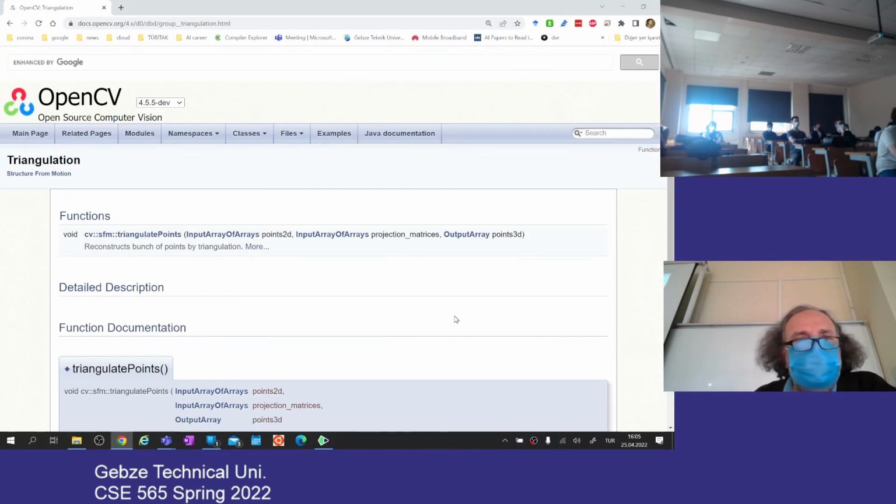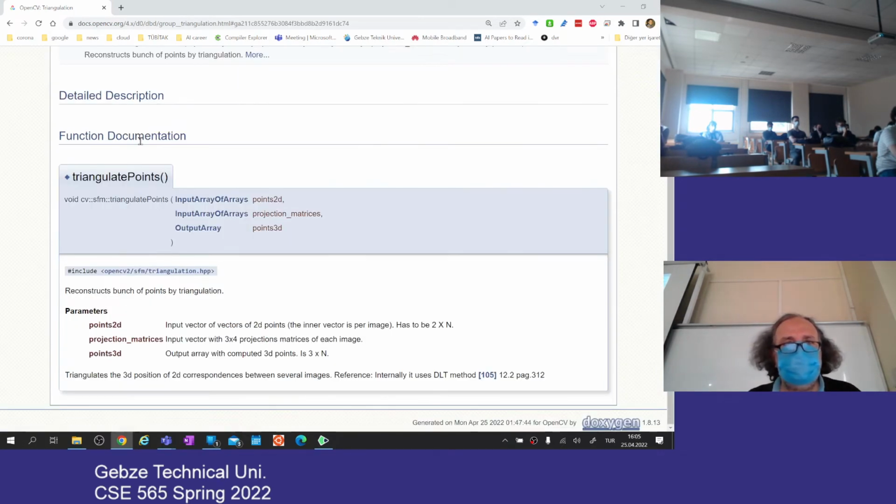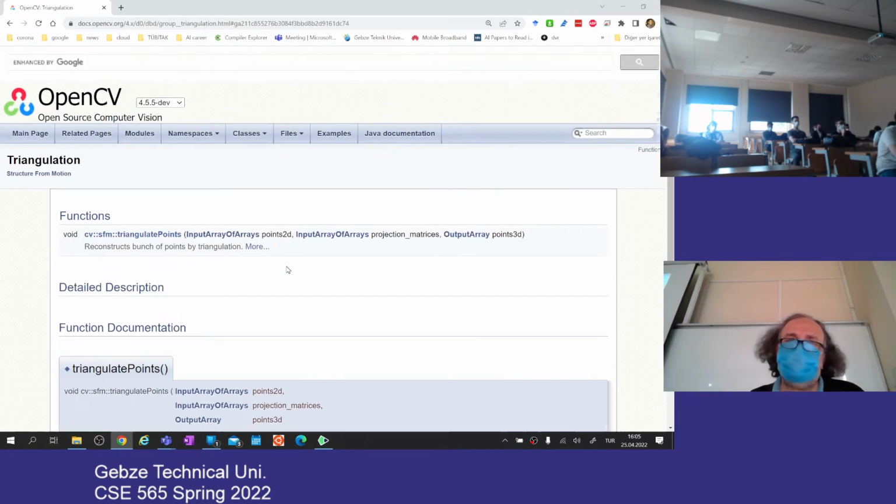Okay, what kind of a tutorial is this? Triangulate points? No, well, it looks like there is no tutorial. And this one is different.